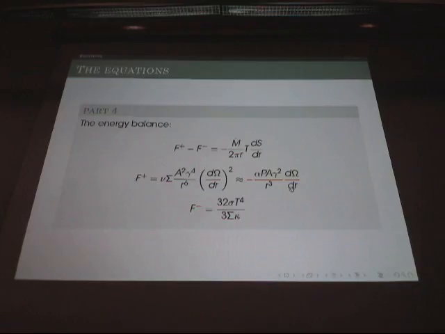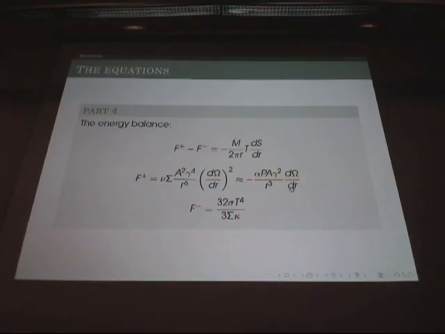Now let me go to the less boring part of that talk, and I will show you a number of figures. So first of all, let us look briefly at what the solution looks like. The red line is for the solution that we get in this model. The dashed green line is for the inner solution of the Novikov and Thorne approach. This green line is valid up to 30, 40 gravitational radii.